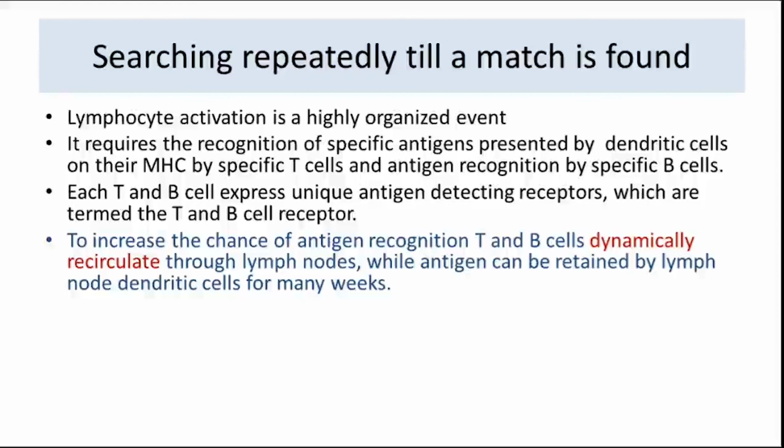While they recirculate, the antigen can be retained. The antigen which is required to be identified by a specific T cell or B cell would be retained by the lymph node dendritic cells, maybe for many weeks. It would be retained until the suitable or proper T cell and B cell is available to recognize it. So this is a very interesting phenomenon.